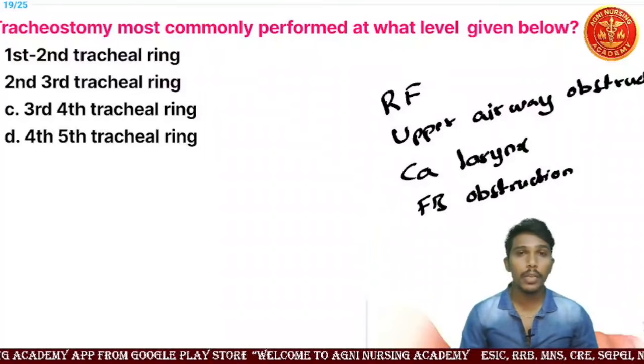High tracheostomy means we insert the tracheostomy tube into the trachea between the first and second ring of the trachea, and that is above the level of the isthmus of thyroid gland.